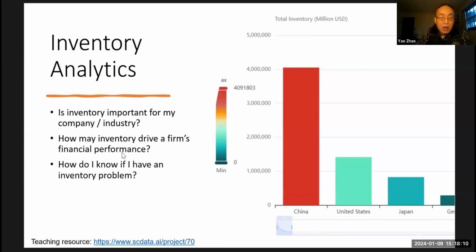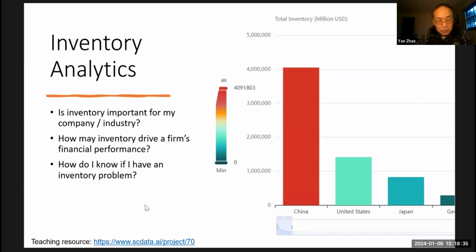And now, suppose inventory is important and does have an impact on our financial performance. You still have to ask the question: how do I know if I have an inventory problem? This question is valid because a company may already be performing close to optimal, so there is very little room for extra improvement.